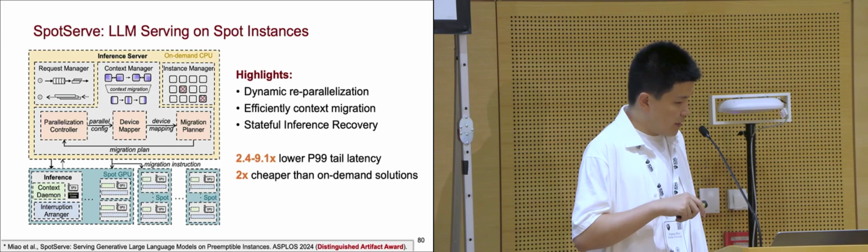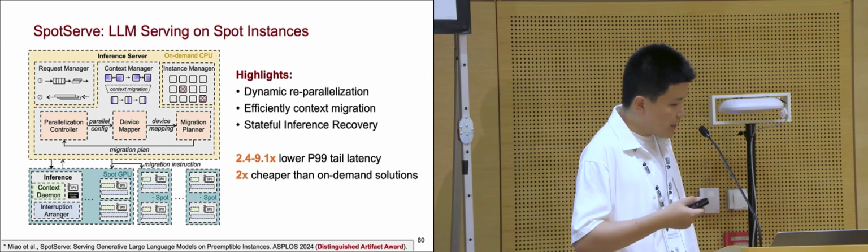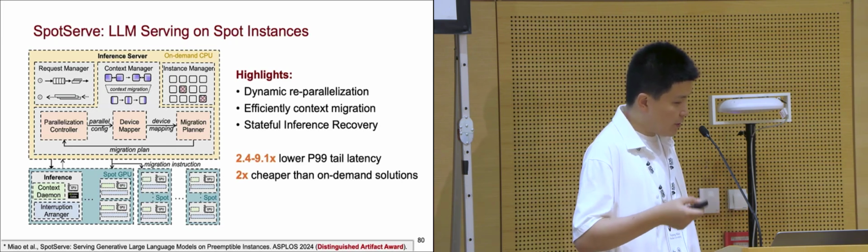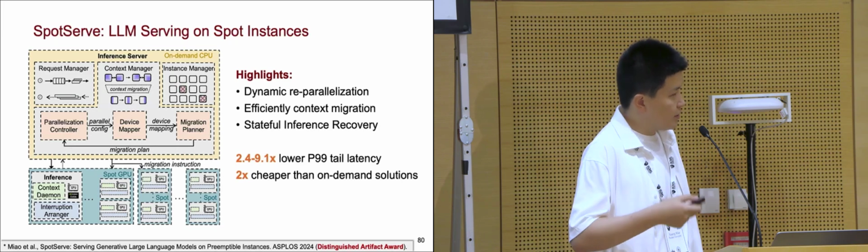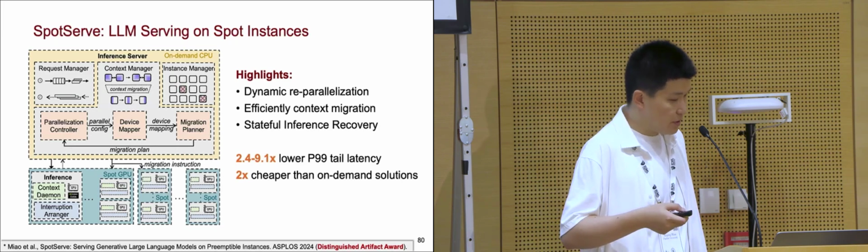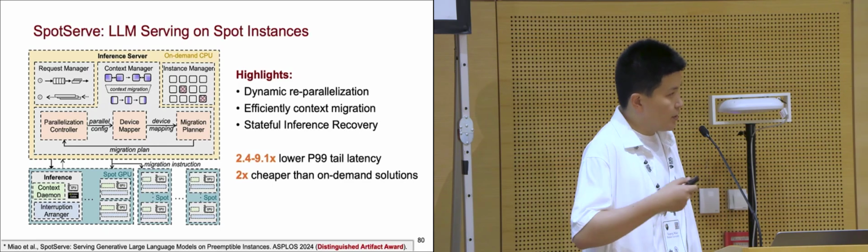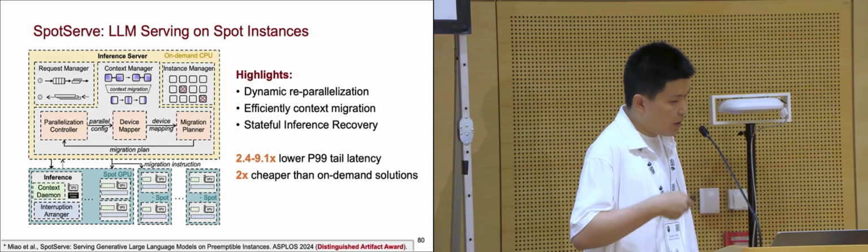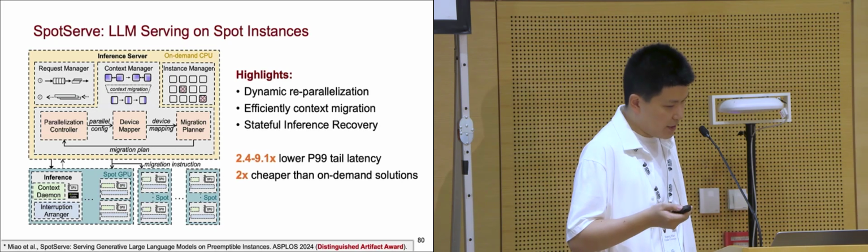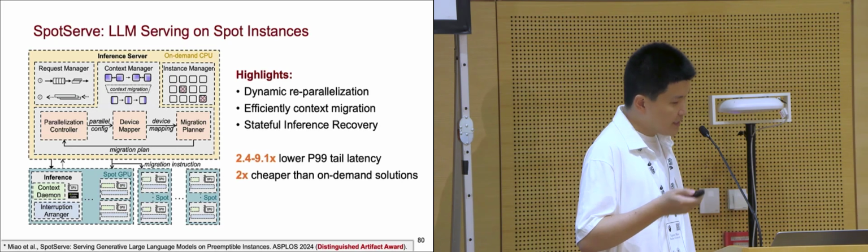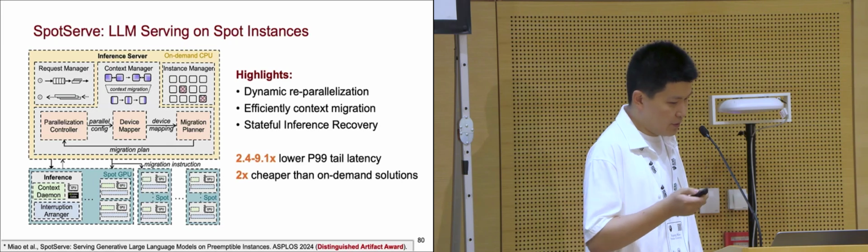Another proof is that people found that in the past half year, the spot instance price for A100 GPUs has already dropped 70%, just because more and more people are providing GPUs. Right? So that's a very great alternative solution.